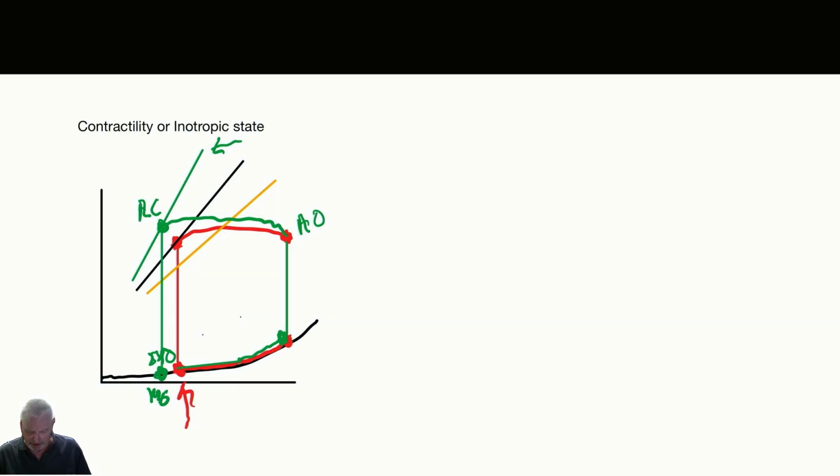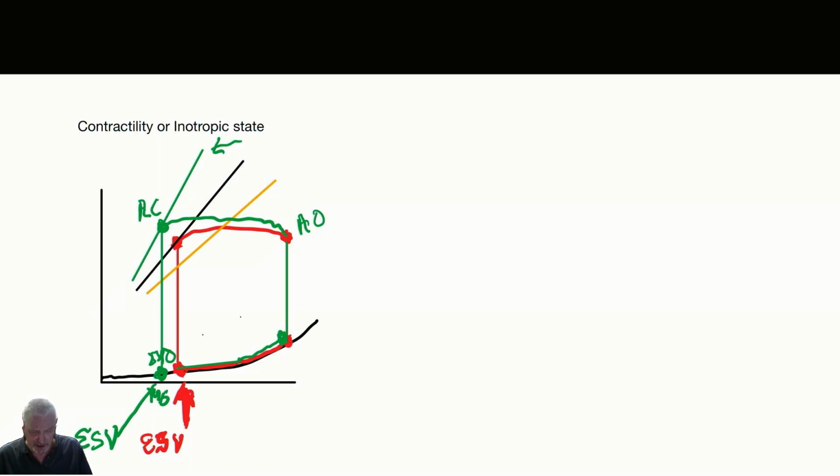And so what we notice is that the end systolic volume before was right here, but the new end systolic volume is here. And so end systolic volume decreased when contractility went up.